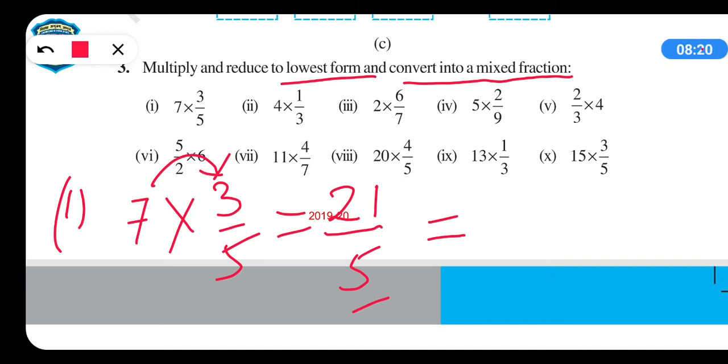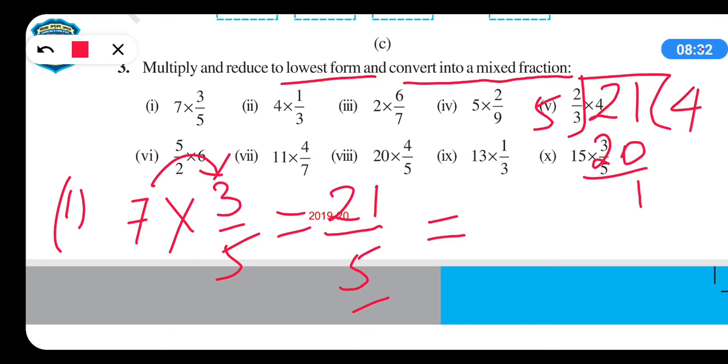Now you have to convert it into mixed fraction. So 21 divided by 5, divide by 5, 5 fours are 20, right? What is the remainder? 1. So what can you write? 4 whole 1 upon 5. So this number will become 4 whole 1 upon 5, right?